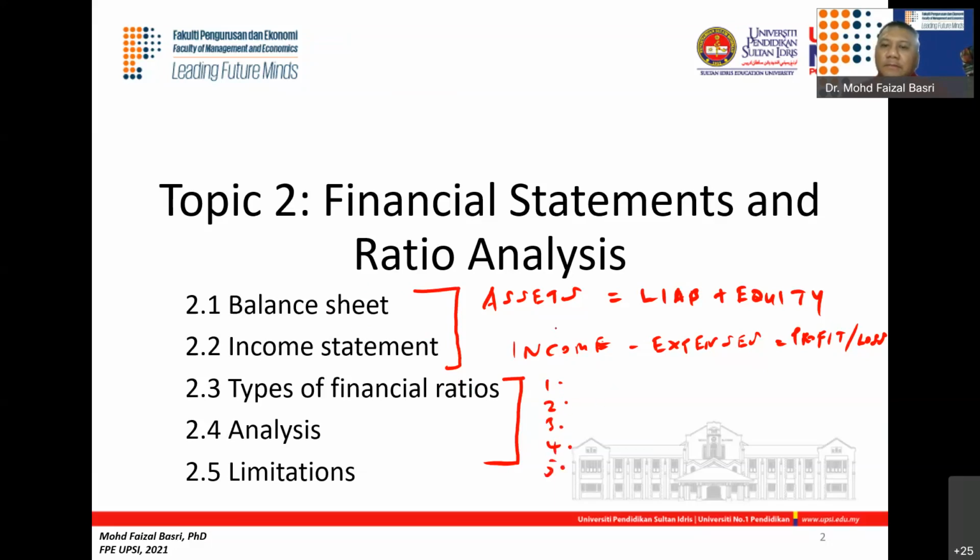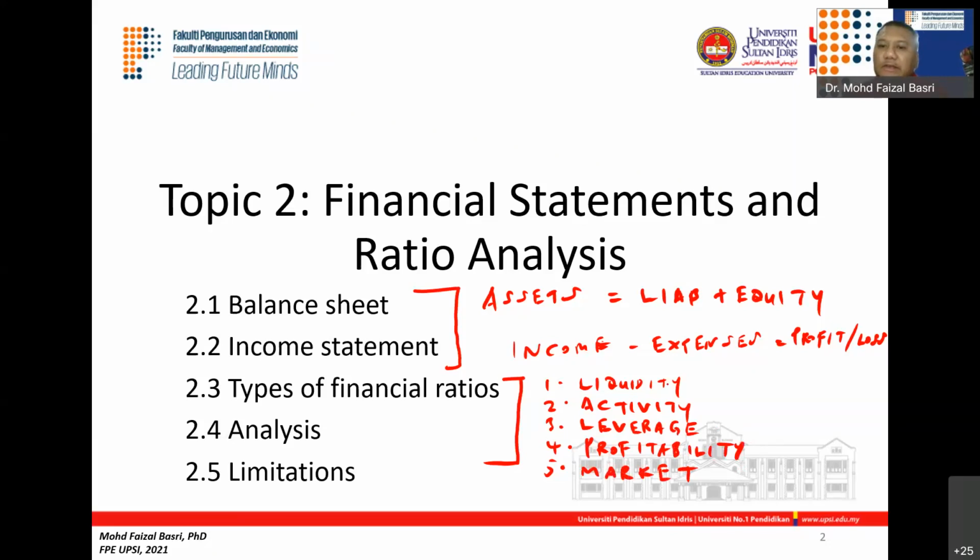The first is the liquidity ratio, then the activity ratio, then the leverage ratio, then the profitability ratio, and last, number 5, the market ratio.